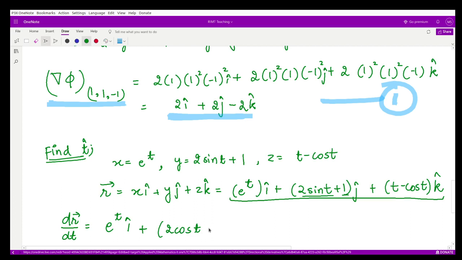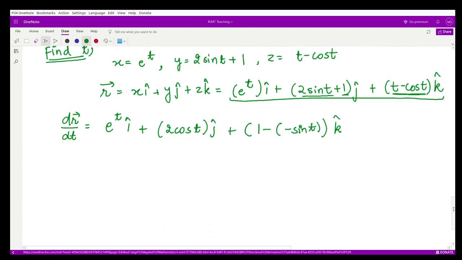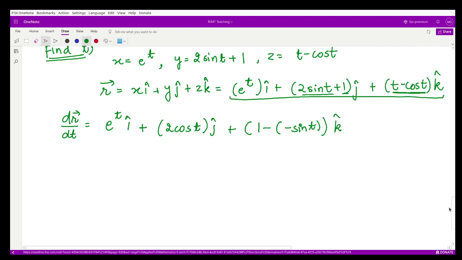Plus 1, its derivative becomes 0. So we have 2 cos t j cap. And then the derivative of t minus cos t is 1 minus, and the derivative of cos is minus sine t, right? k cap. So this is the direction, this is the tangent obtained at any point of the given curve. So I can write this to be e to the power t i cap plus 2 cos t j cap and then plus 1 plus sine t k cap.